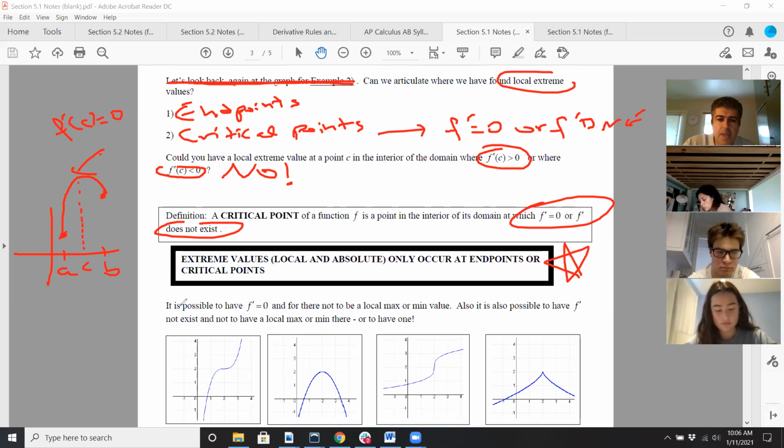Now, it is possible, however, that f prime could equal 0, and it's not a local min or max. All I'm saying is that local mins and maxes occur at those places, but just because f prime is 0, it doesn't mean that it's going to be a local min or max. Also, it's possible for f prime to not exist and still not be a local min or max. So let's look at these points right here.